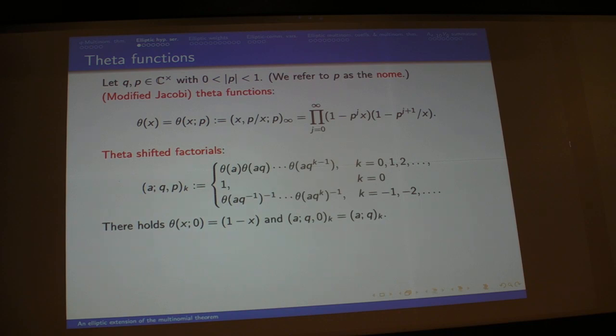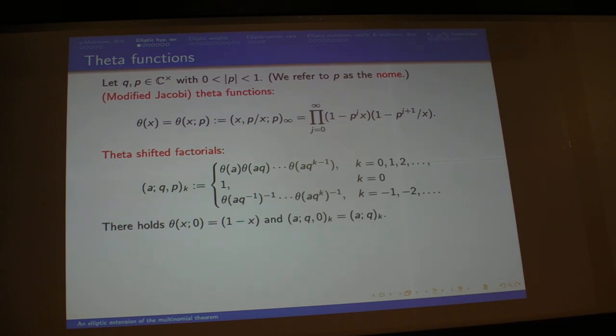If you're not so familiar with this, but you definitely are because it's an elliptic workshop, you should just think of simple products of linear factors, but now they are extended periodically, let's say. We have infinite products.